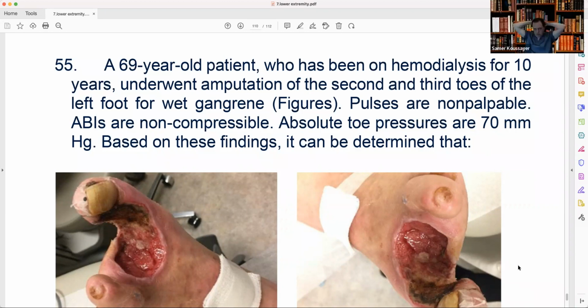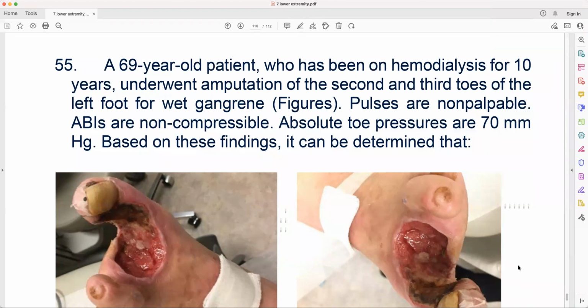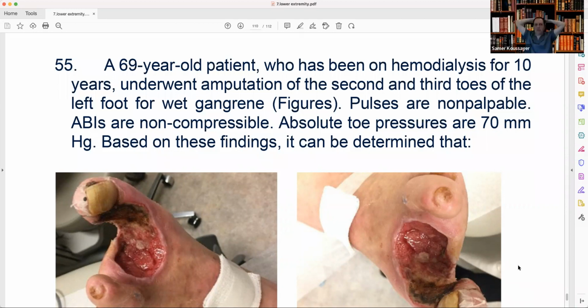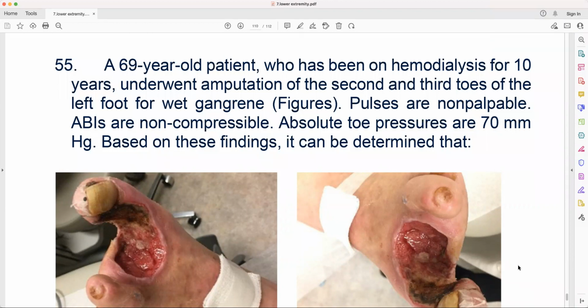So this patient seems to have ischemia even in the big toe, with gangrene. But the wound is clean. Look at this wound, okay, you're in the clinic and you get this wound. How is the granulation? Is it good or bad? The granulation is good. So what does that tell you?